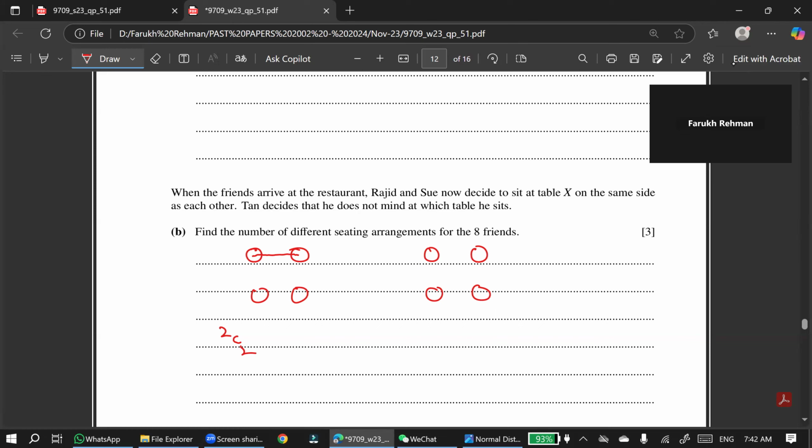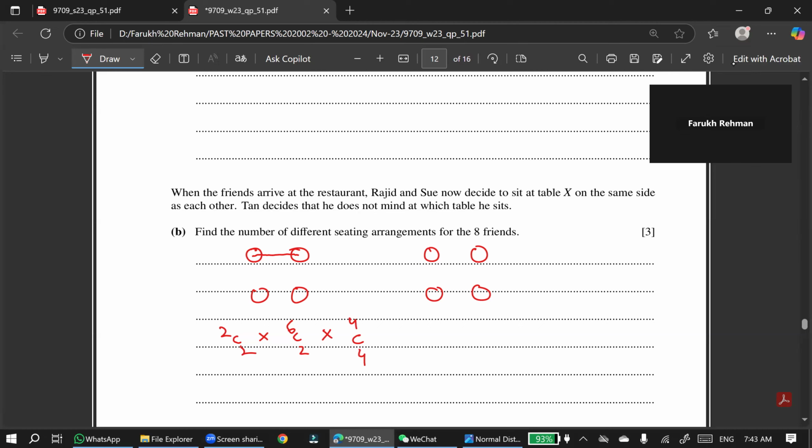Now we will need two more people to fill two empty positions. Now there is no condition on Tan. We have 6 persons to fill these two positions. And for the next table, Y, we have 4 people to fill 4 places. In this way, we will fill the positions using combinations.